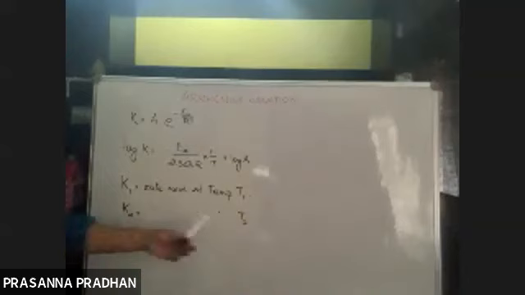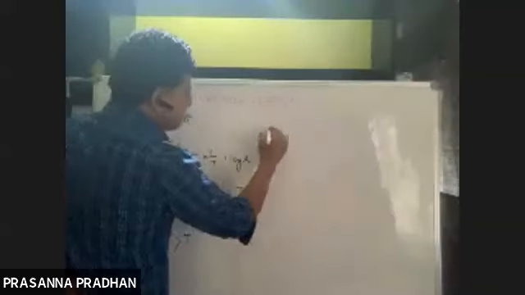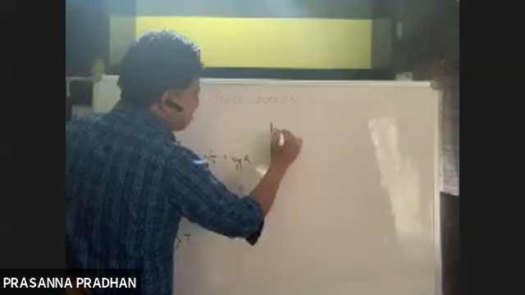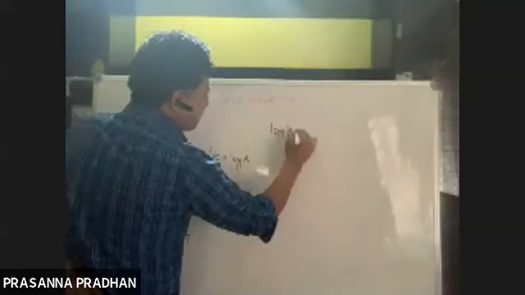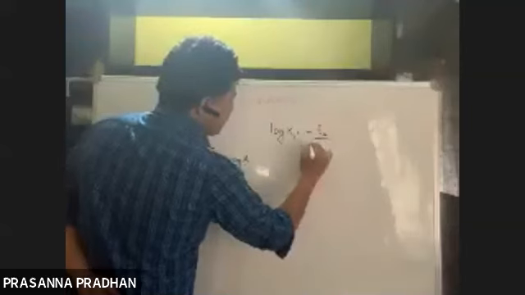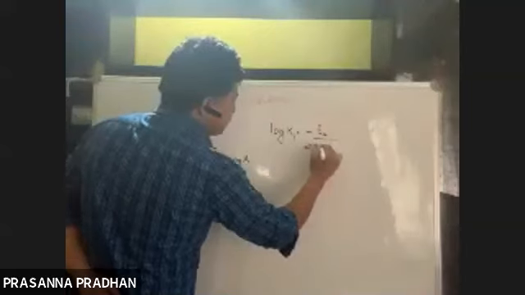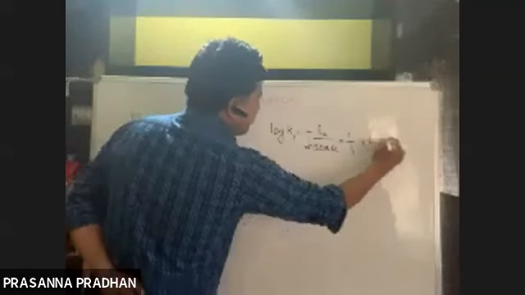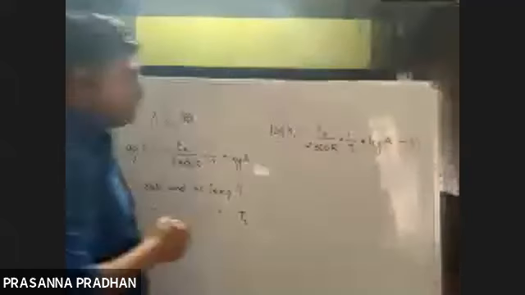What will be the form now? log k1 equals minus Ea by 2.303 R into 1 by T1 plus log A. Let this be equation number 1.